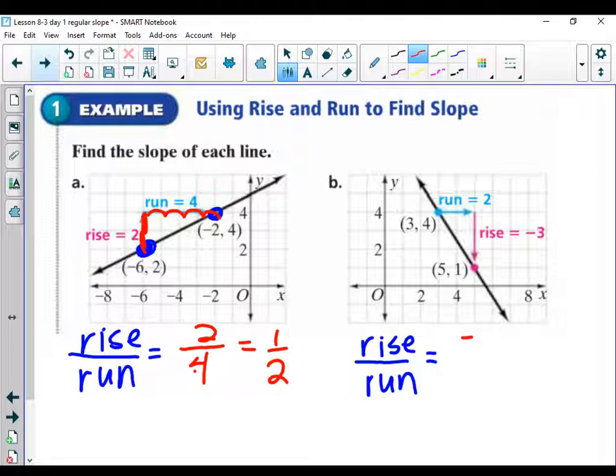Because that negative told me down. So rise is a silly word when you're talking about down, and that's why you put the negative. How many are we rising down from the top point to the next point? Maddie? -3. So this one's going to be a negative, sliding downhill.